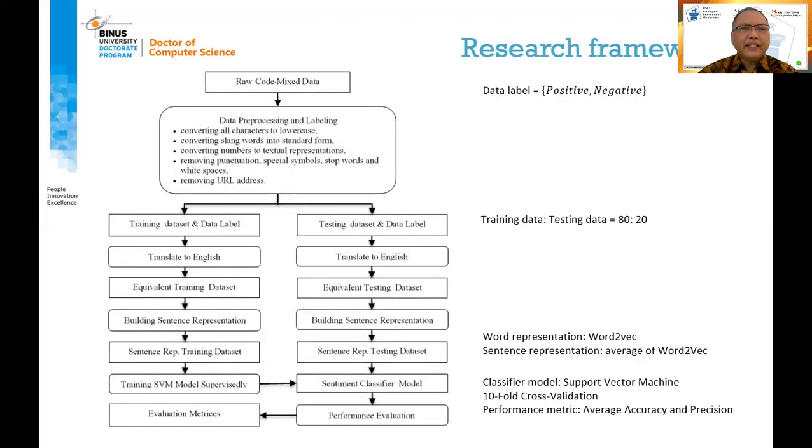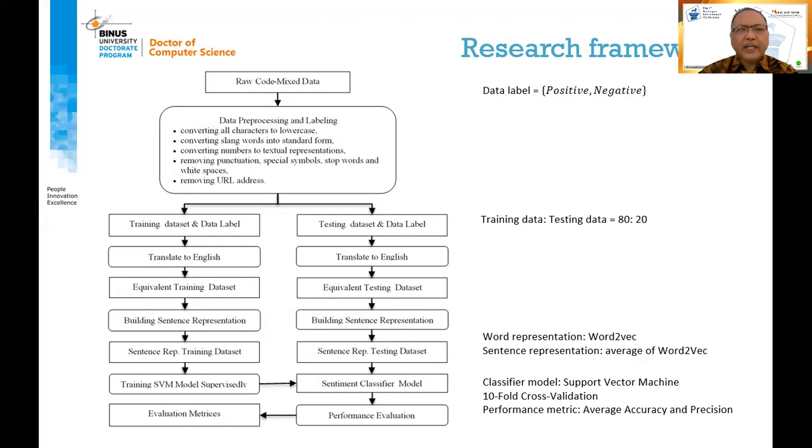The framework of this study consists of several steps. So basically, we take raw code mix data, and then some data processing steps and labeling are implemented. The clean data is then split into two parts.